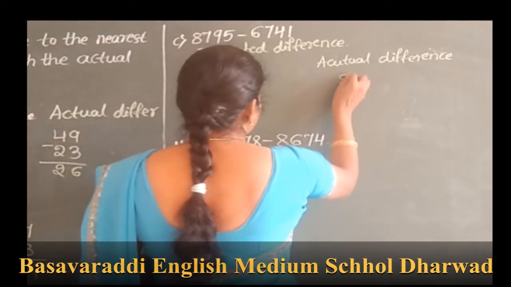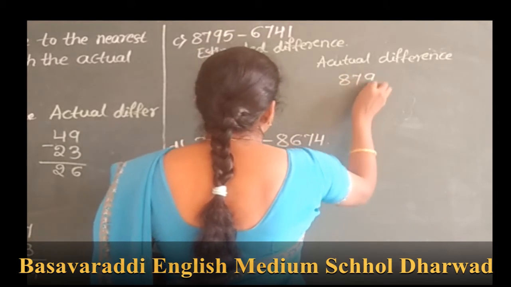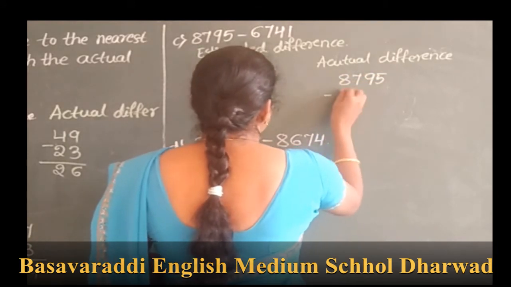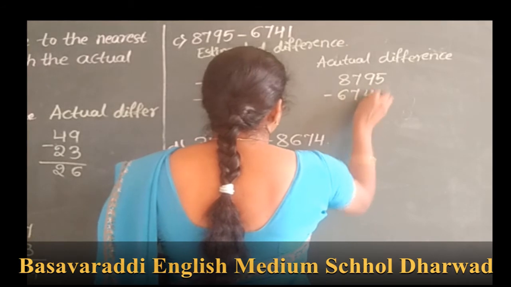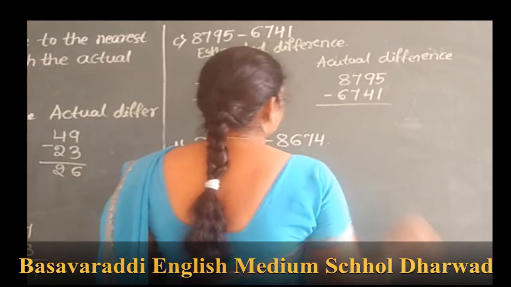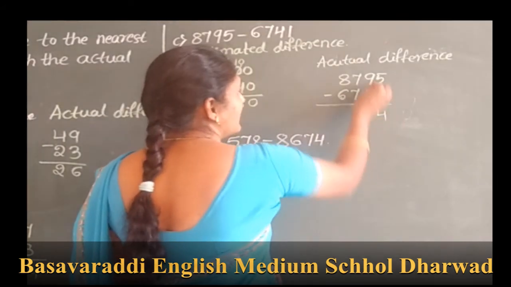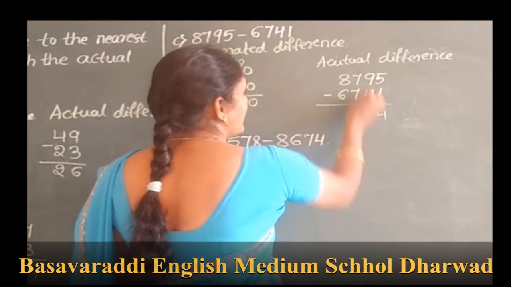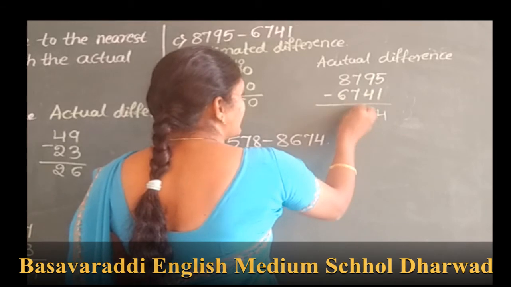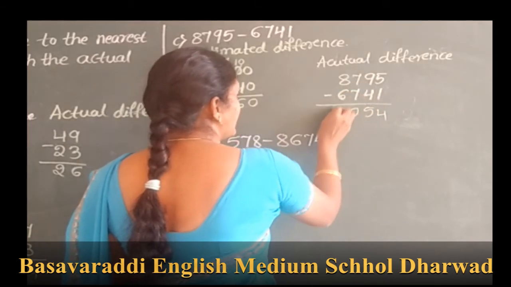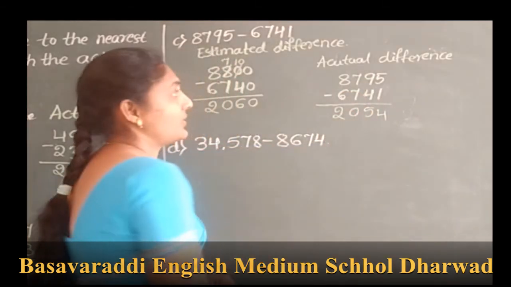Now the actual difference. Write the numbers as they are, 8795 minus 6741, and find the difference. 5 minus 1 is 4. 9 minus 4 is 5. 7 minus 7 is 0. 8 minus 6 is 2.